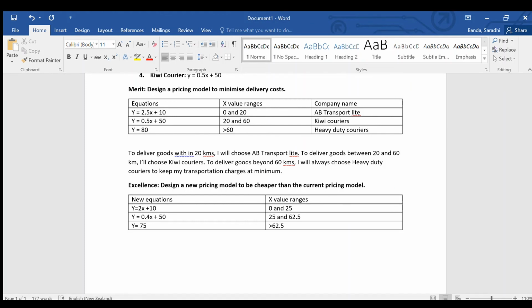So we can say that our new pricing strategy can be y equals 2x plus 10 for distance between 0 and 25 kilometers.